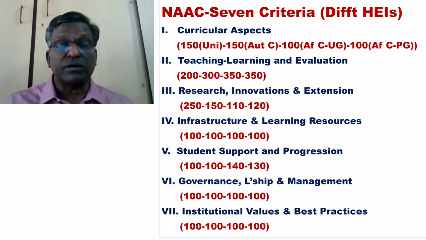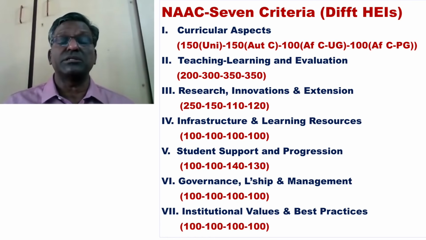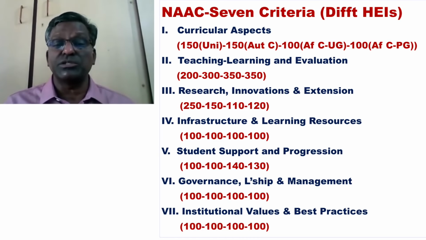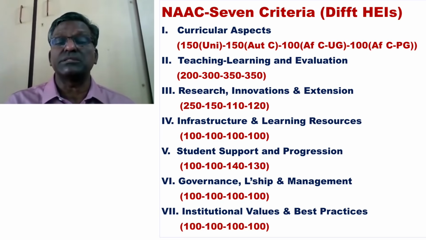For affiliated colleges, UG and PG, it is only around 100, 110 and 120. Which means universities have more than double the weightage allocated to affiliated colleges. And the reason is obvious. Universities are places where research should happen.